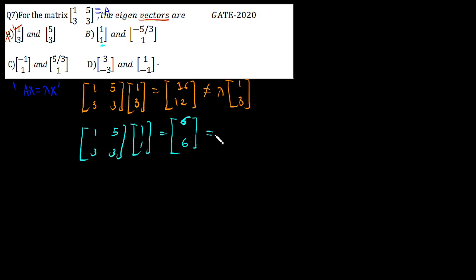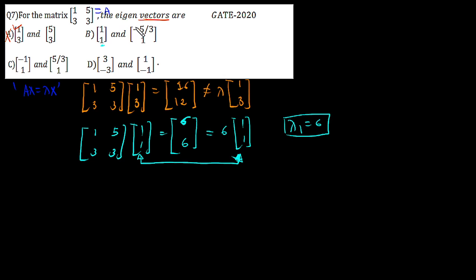So you can easily say the value of the scalar is nothing but 6. So you can represent this 6 comma 6 vector as lambda times the initial one, the initial one being this 1 1 vector. You can see the same vector on the multiplication side and on the right-hand side. So I can say the eigenvalue, let's call it lambda 1, is 6 for this matrix A, and one of the eigenvectors is this 1 1 vector.